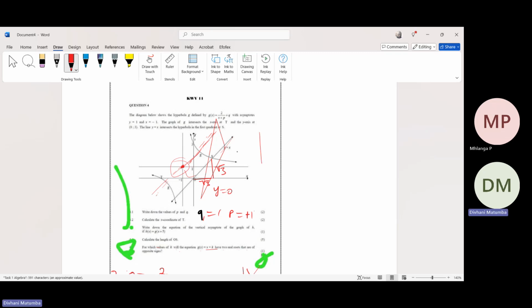For instance, if you draw the line y equals x, that value and that one there will be the same but with opposite signs.